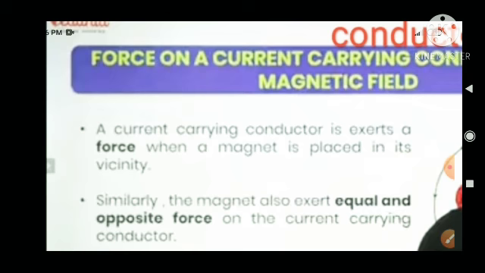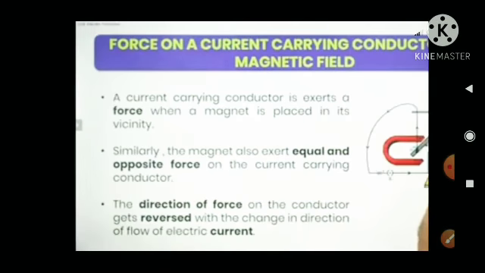A current carrying conductor when placed in a magnetic field experiences a force. The conductor placed in the magnetic field is the insulated copper wire we already saw in the electromagnet. The current carrying conductor exerts a force when a magnet is placed in its vicinity.